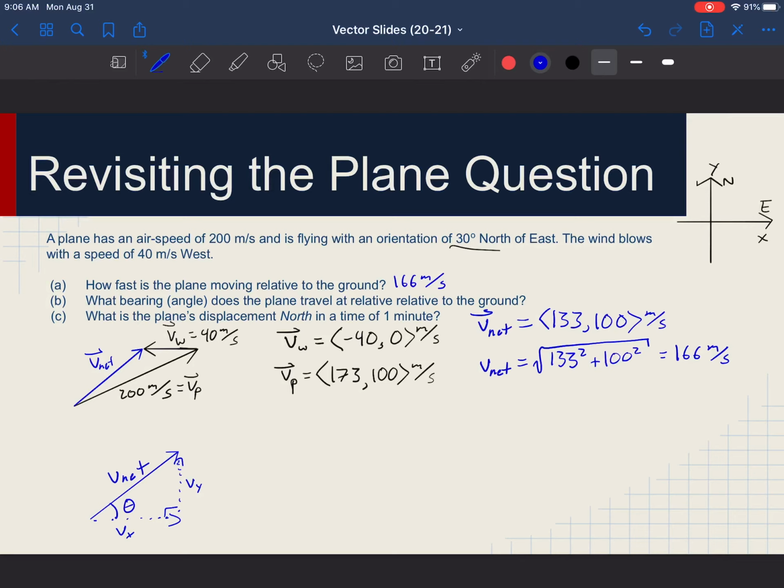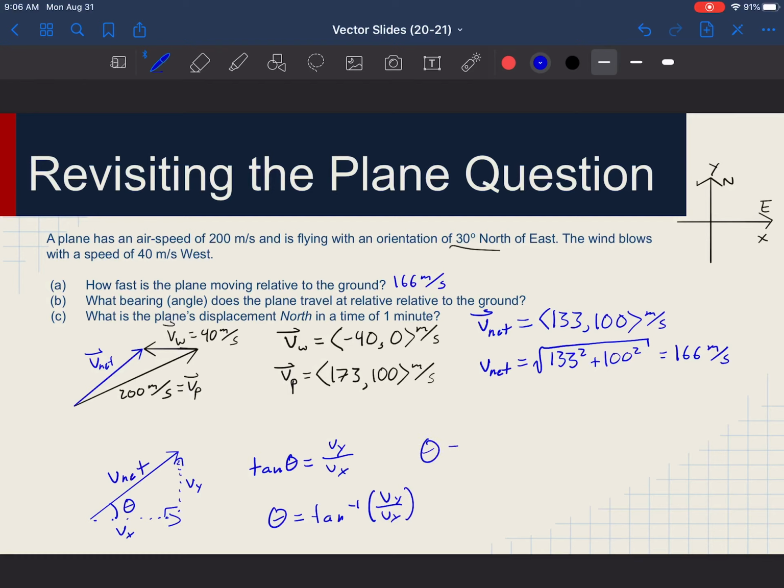Well, we have a few choices here, because we know V net x, we know V net y, and we know the magnitude of V net, so we know all of the sides of the triangle. I'll use tangent. So tan theta is opposite over adjacent, which is the y component over the x component. So theta should be inverse tan of Vy over Vx.